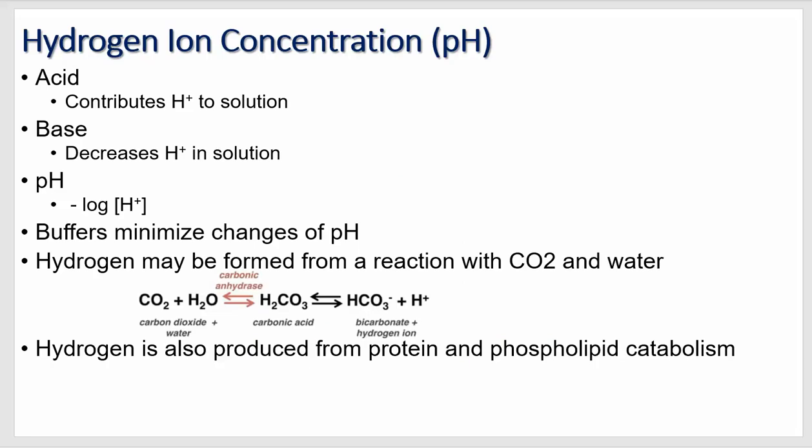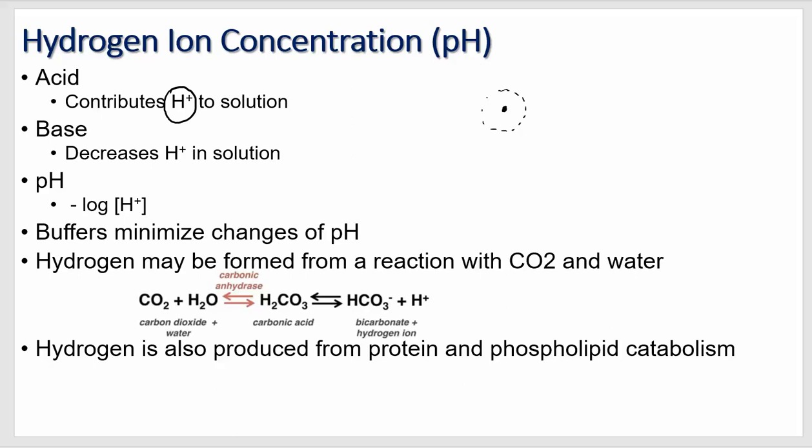So we have to talk about what pH is. This is something we learned maybe in high school chemistry, maybe college chemistry, and maybe we don't remember it. But either way, we're going to go over it again quickly here. So an acid contributes hydrogen to a solution. So this is really all about hydrogen. Remember, hydrogen has one proton and one electron.